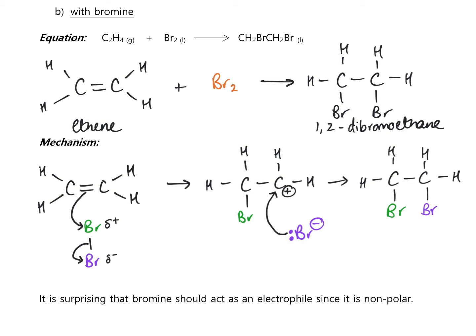So you can see this time we haven't drawn all the electron pairs. Can I just highlight, you don't need to necessarily do this, but what you do need to include in your mechanisms: these delta charges, so your delta positive and your delta minus. You need to include obviously your curly arrows. You need to include the positive charge in the carbocation, the negative charge in the bromide ion, and you need to include the lone pair of electrons that has broken away from your electrophile, and that curly arrow as well.